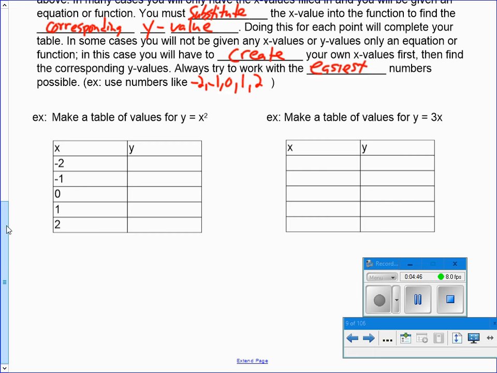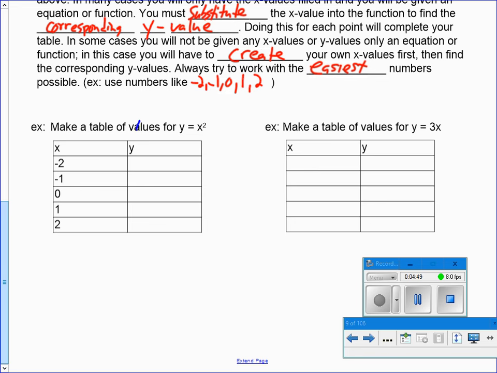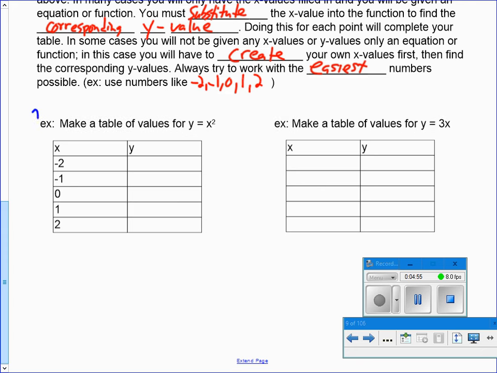So this first example on the left, we're going to make a table of values for the function y = x². What we're going to have to do is take each of these x coordinates and plug it into this function. I'm going to start with -2.